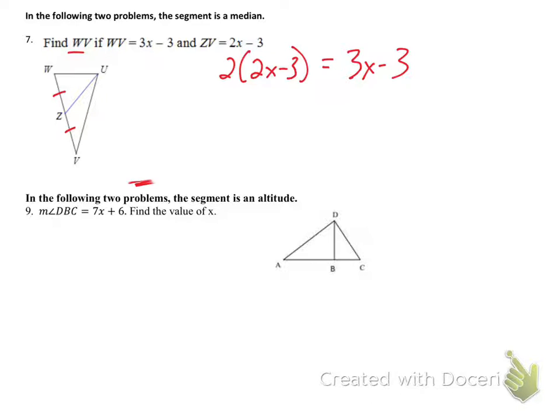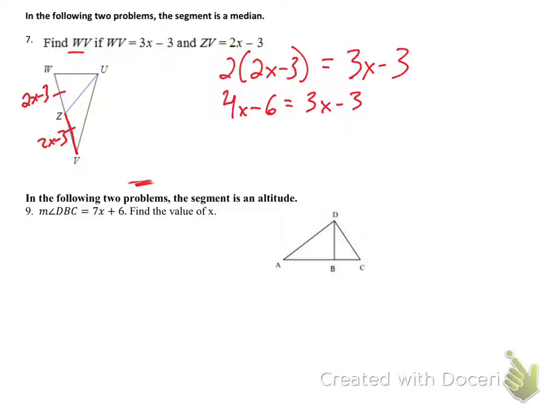If this Z to V is equal to 2x minus 3, well, this right here has to also equal 2x minus 3 because they're the same. So I just double it or multiply it by 2. So I have 4x minus 6 is equal to 3x minus 3. So again, these are the 2 chunks, or the 2 parts, and this is the whole part.